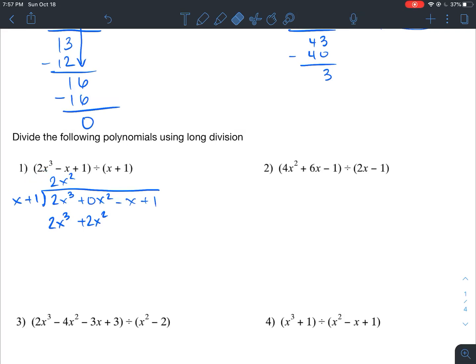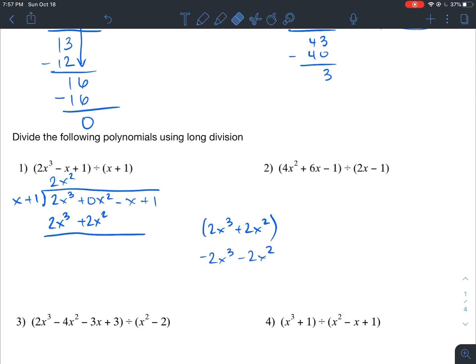And we do the same thing, we subtract. So here's the thing though, when you subtract this thing in its entirety, we're subtracting 2x cubed plus 2x squared. But when you do that, it flips the sign of everything inside, right? So now this is going to be negative 2x cubed minus 2x squared.